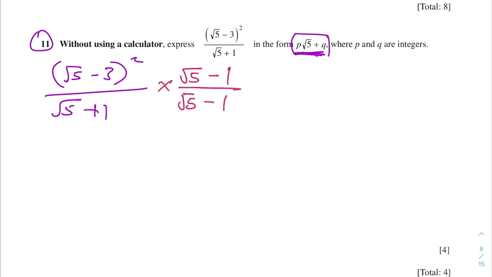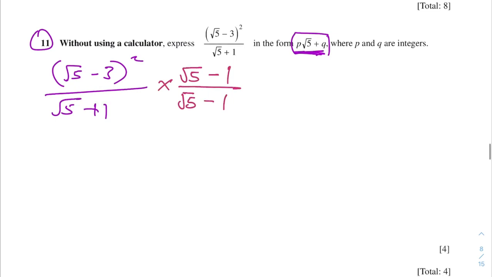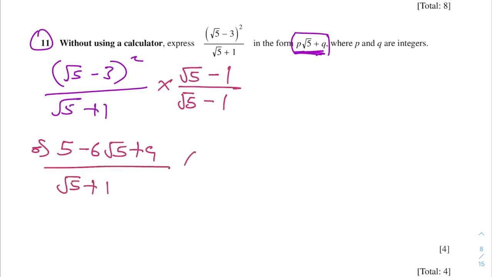Now you just multiply it out. But before I do that, I'll first expand the numerator. That will give me 5 minus 6 root 5 plus 9, I believe so. And then I have root 5 plus 1 times root 5 minus 1.